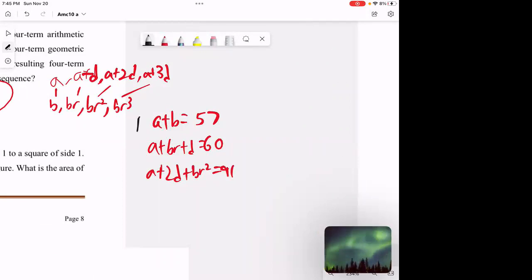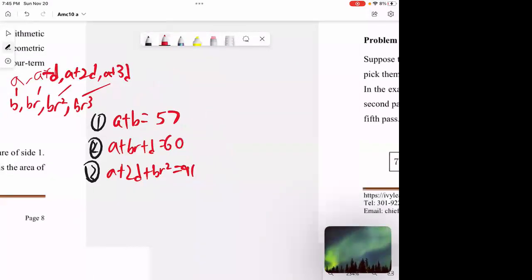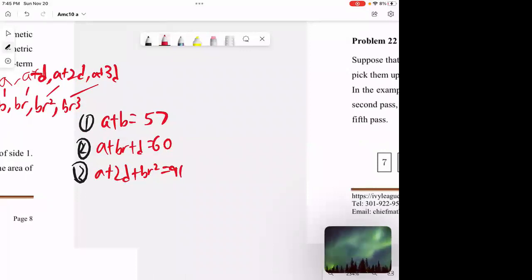So these are our 3 equations, 1, 2, 3. Now what we do, we subtract equation 1 from equation 2, right?